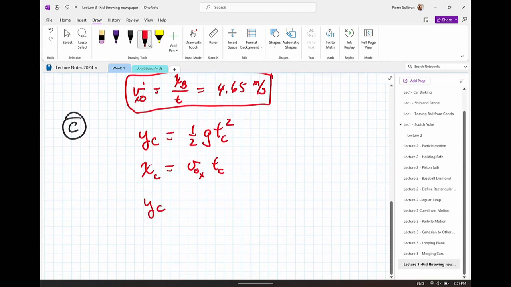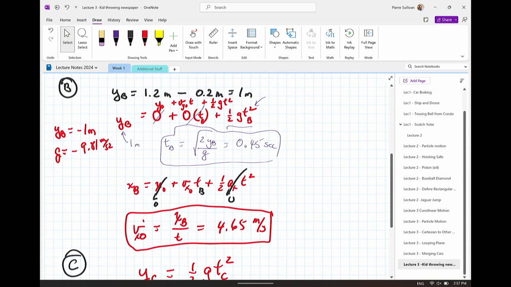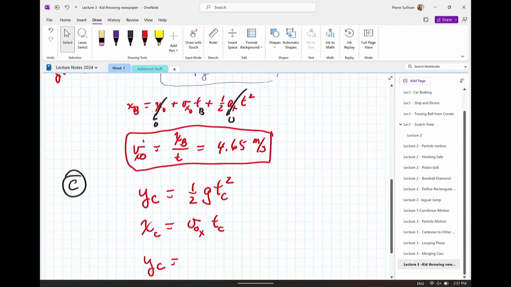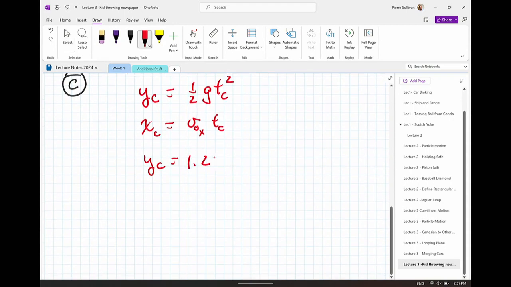So y sub c is equal to, how did I define it? 1.2 meters minus 0.6 meters. It's at the very top of the steps, and because it's at the very top of the steps, it's 0.6 meters away, so it ends up being 0.6 meters.